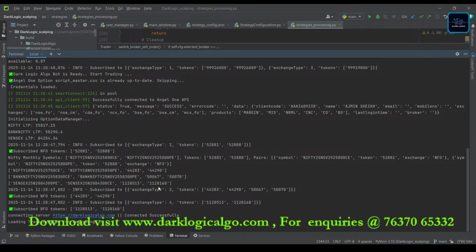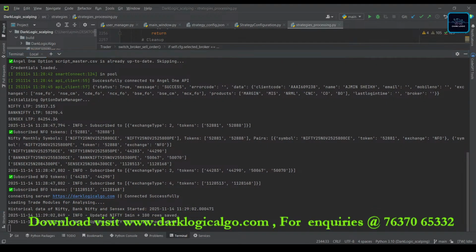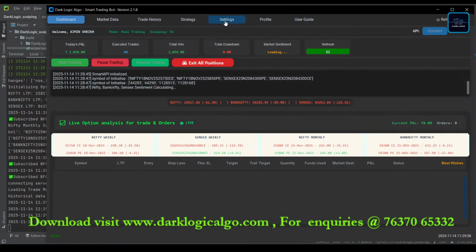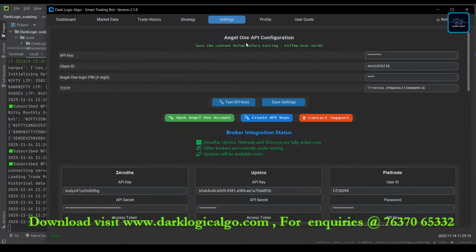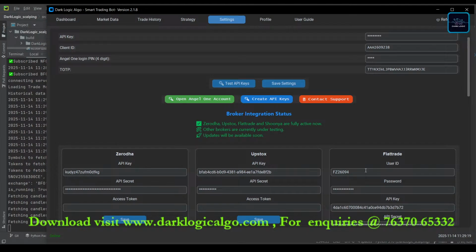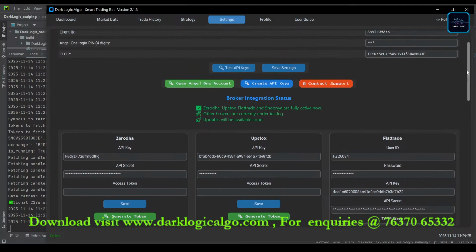So in the background you can see the bot is running properly, and if there is any error, you will see it over here. You need the API of Angel One, but at the same time you can also connect Zerodha, Upstox, Flattrade, and Shoonya, which are also integrated in the bot.